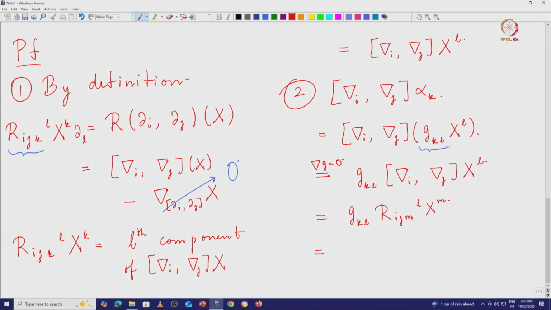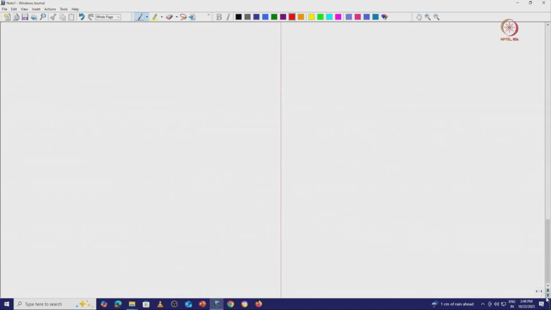If you now look at these two terms, that is like lowering the index of the curvature endomorphism. So that is going to be R_ijmk X^m, and I want to switch the roles of m and k.